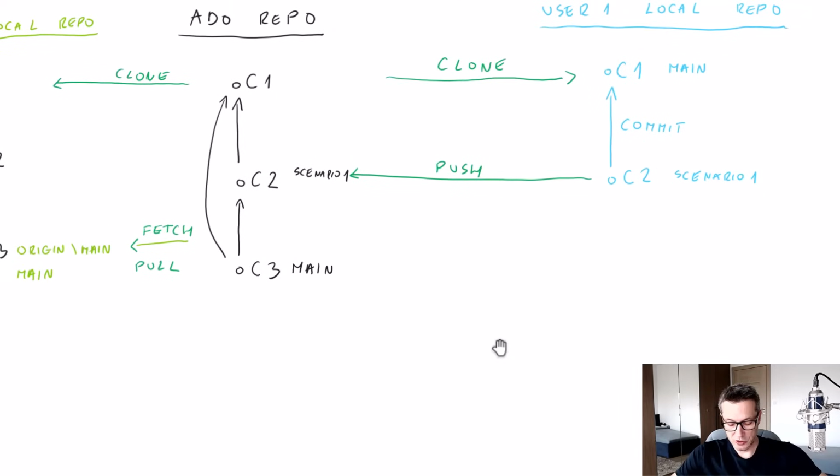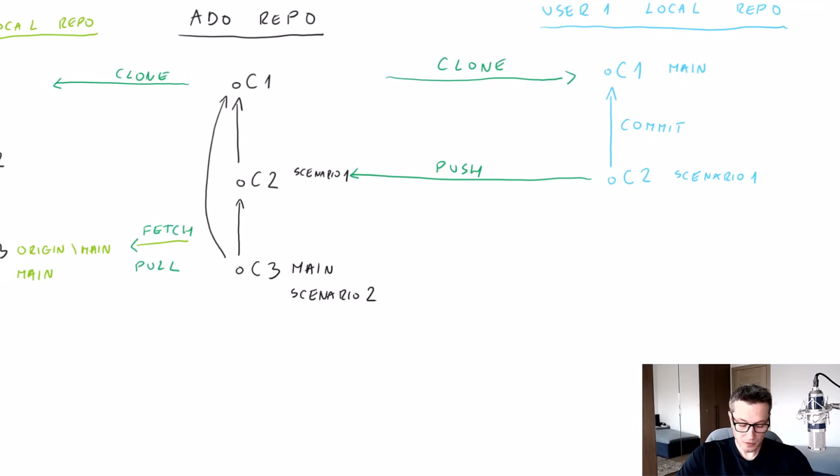So we can draw this as follows. What we did, we created scenario 2 branch. It was done in the remote repository. It was created from main, so it contains this C3 commit.